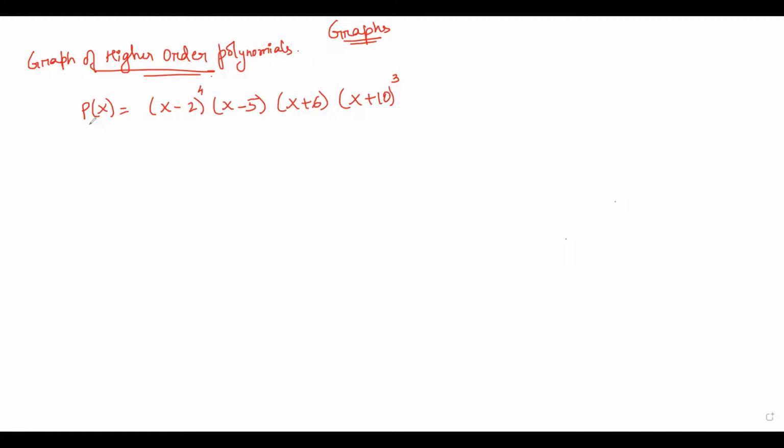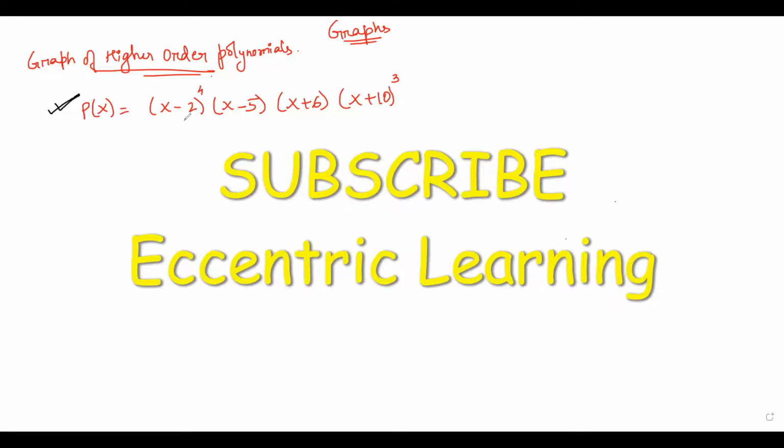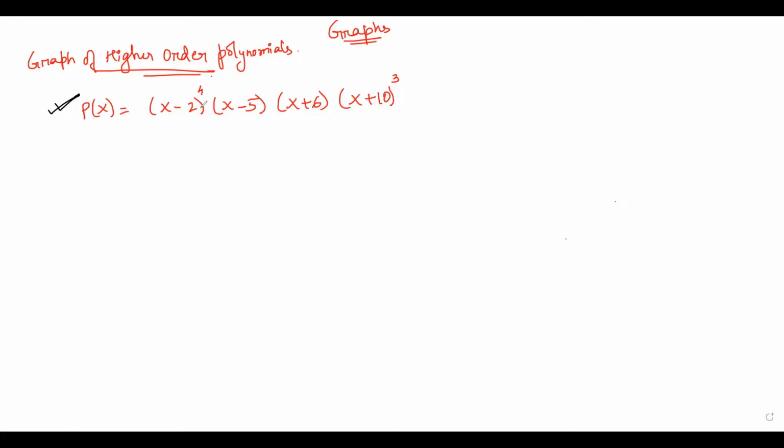Now, let us increase the power of these factors and let us see what will be the change in the graph for this polynomial. So here I have increased the power for this factor (x - 2) to 4 and increased the power for this factor (x + 10) to 3. We have seen in the inequalities video, whenever the power is even, in that case, we don't consider the critical points from that factor.